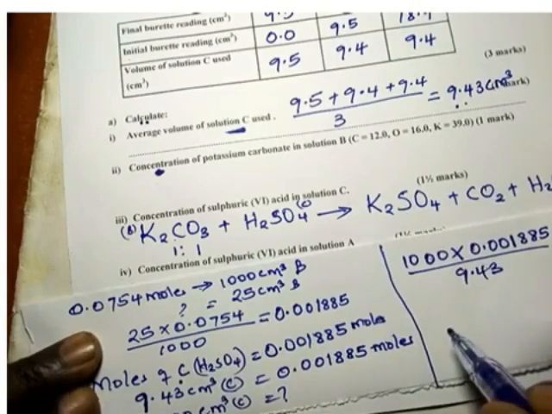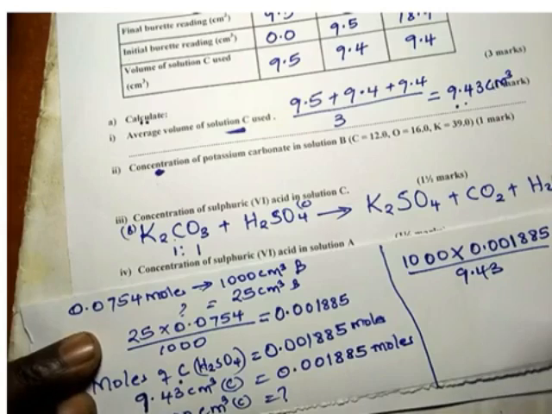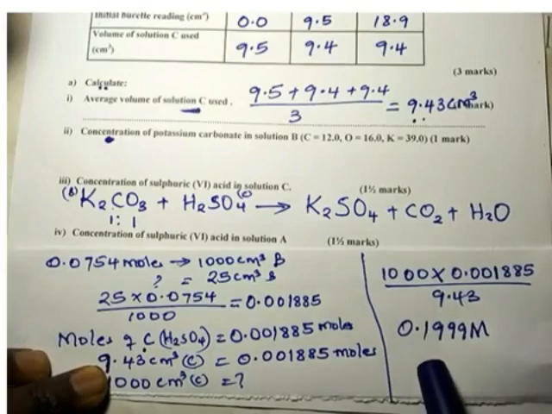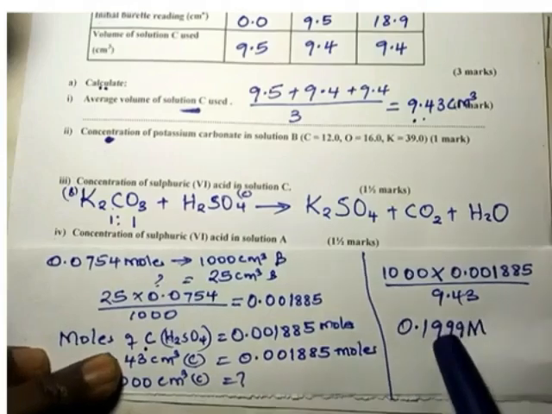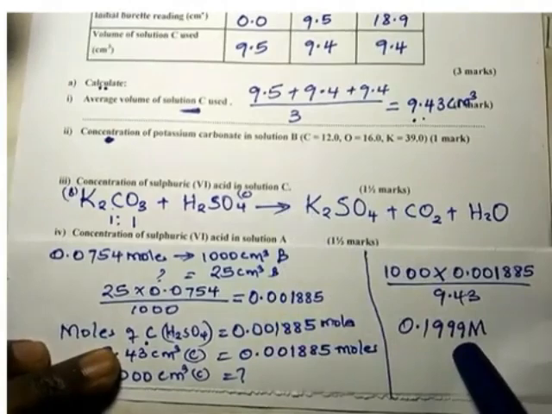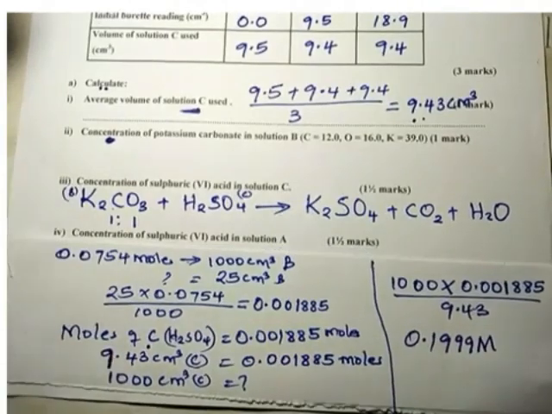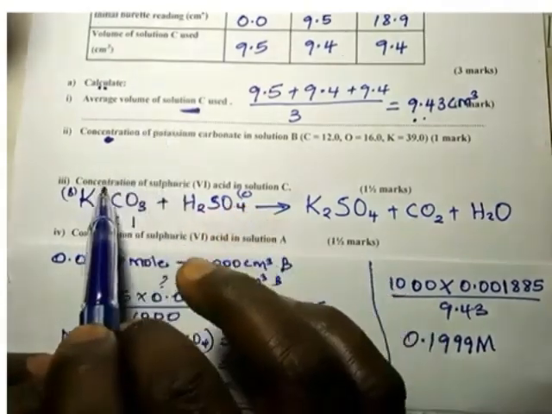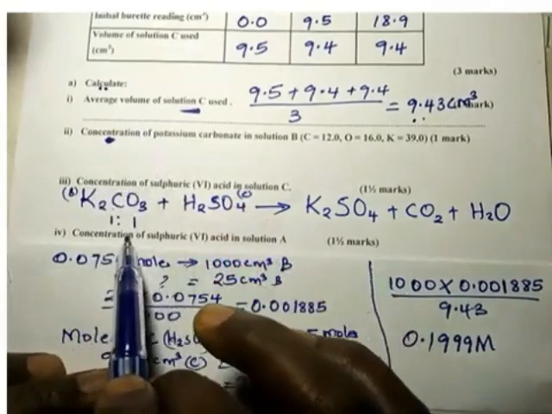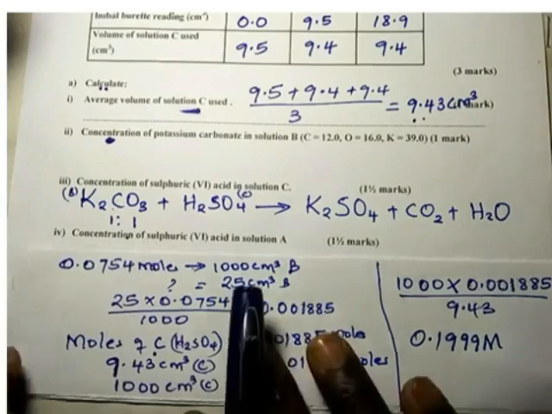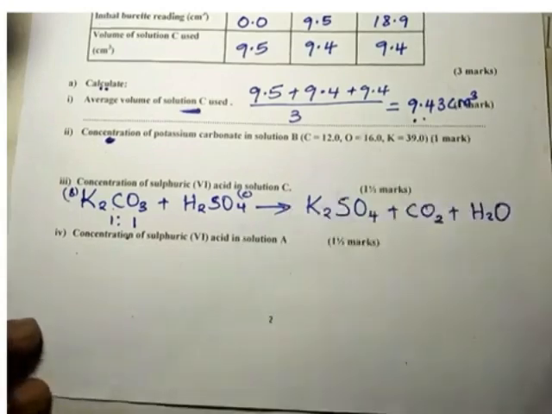And this one gives us 0.1999 molar. So this is the number of moles of solution C in 1,000. Do we understand? In this question, the only thing that is missing here is concentration in moles per liter. Remember that.